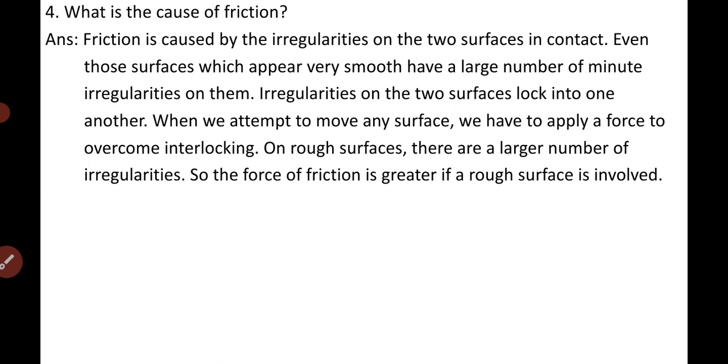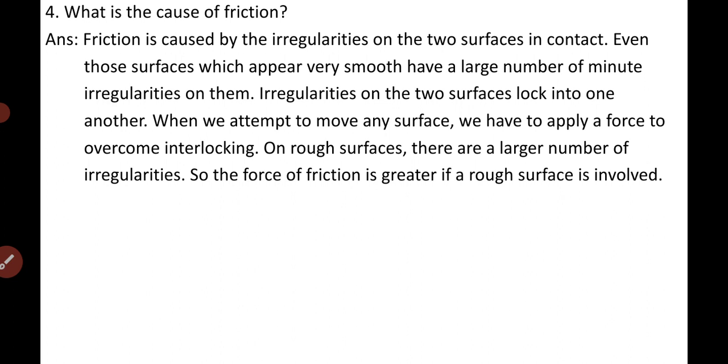If the surfaces have more roughness, more irregularities, then the friction will be greater. The force of friction is greater if very rough surfaces are involved. Even those surfaces which appear very smooth have a large number of minute irregularities on them.